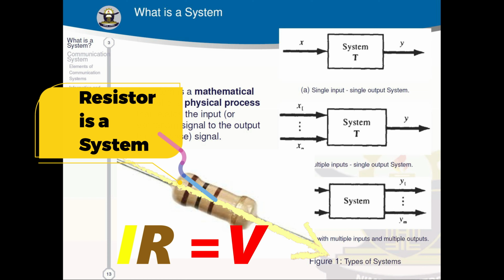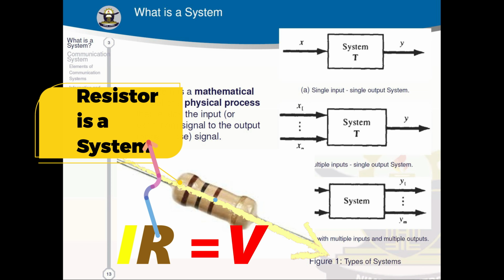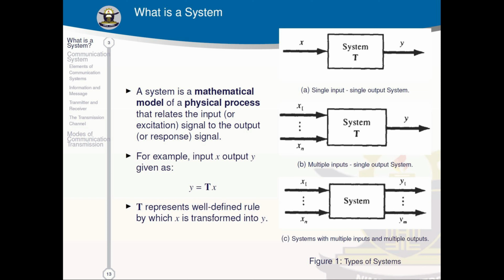And the process that is going on within the resistor in order to produce that kind of output, the mathematical model, is also known as a system. So whether it is a physical or a mathematical one, they are both systems. And we define the system as a mathematical model of a physical process that relates the input signal to the output signal.